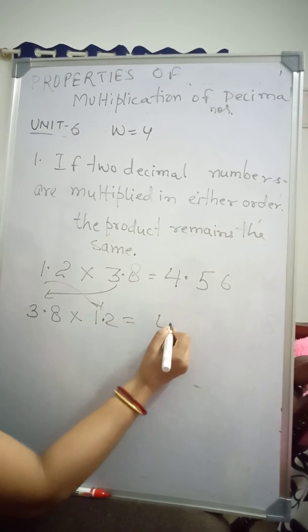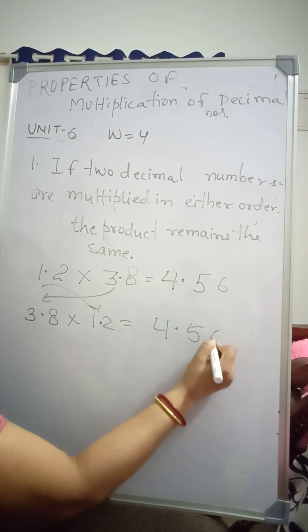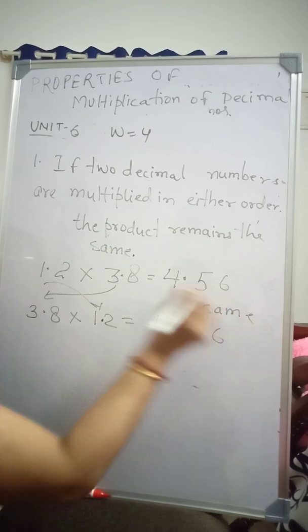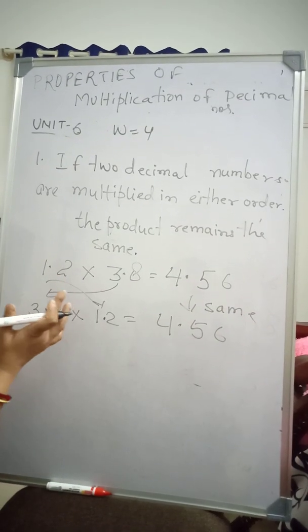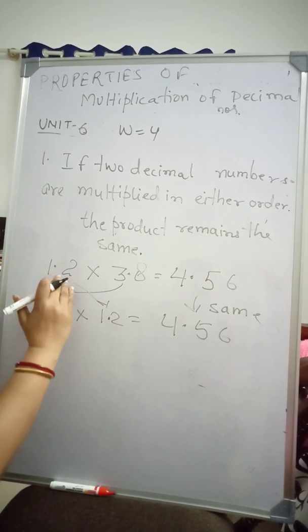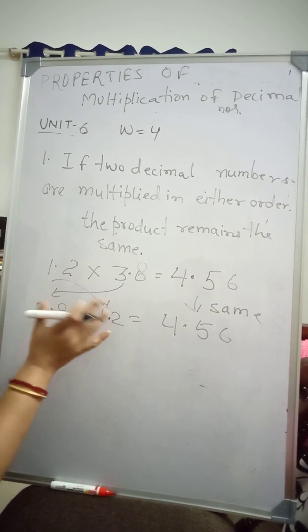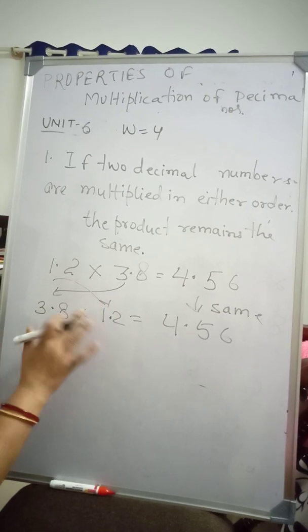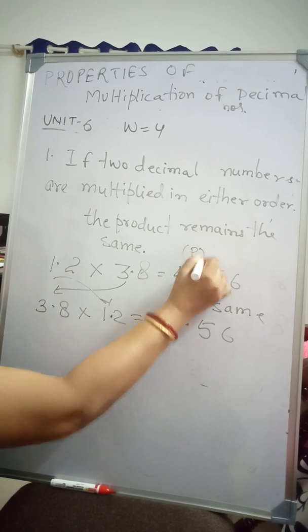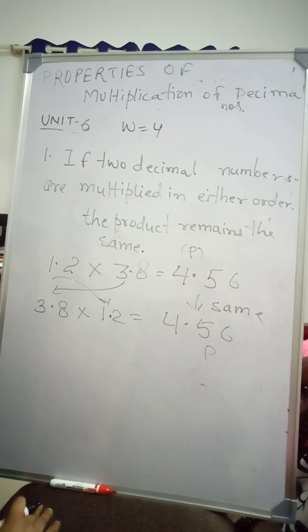But here the product is also 4.56. It means they are same. So when two decimal numbers are multiplied in either order, if we change the order, multiplicand and multiplier will become multiplier and multiplicand, but the product always remains same. So this is the first property.